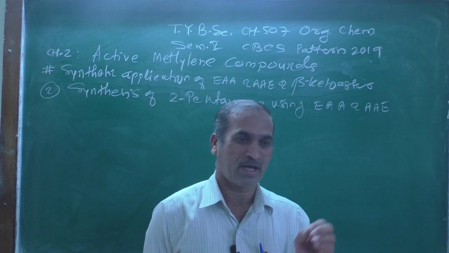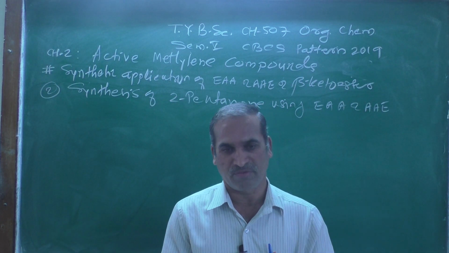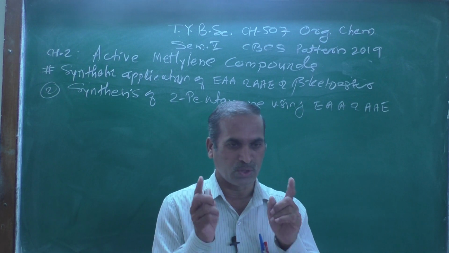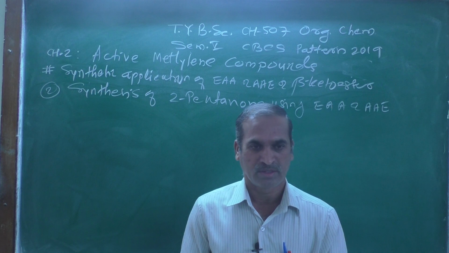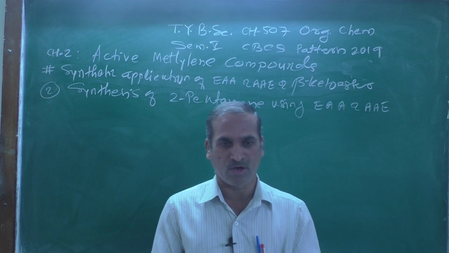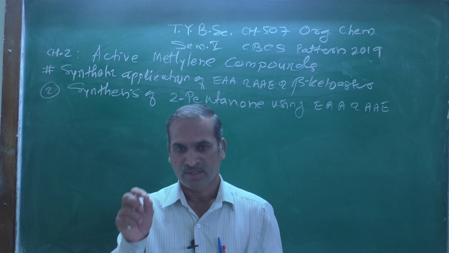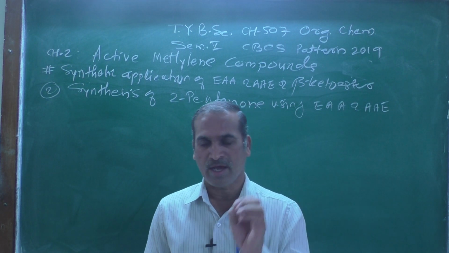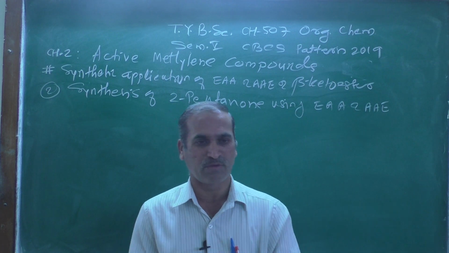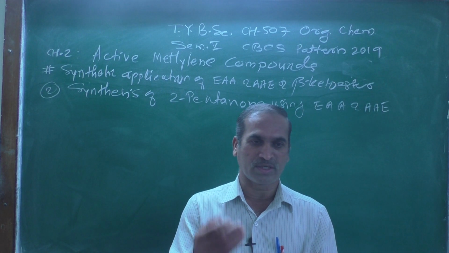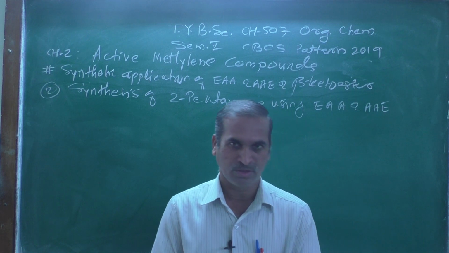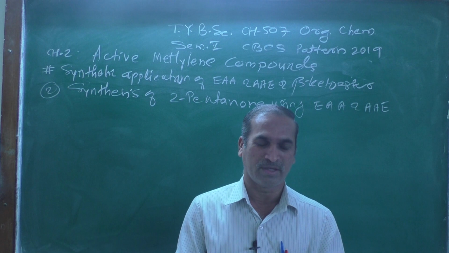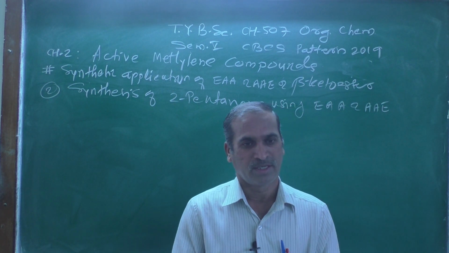What do you mean by the active methylene compound? According to the definition, the CH2 group which is located between two strong electron withdrawing groups is known as an active methylene group or reactive methylene group, and those compounds containing such a group are termed active methylene compounds or reactive methylene compounds.